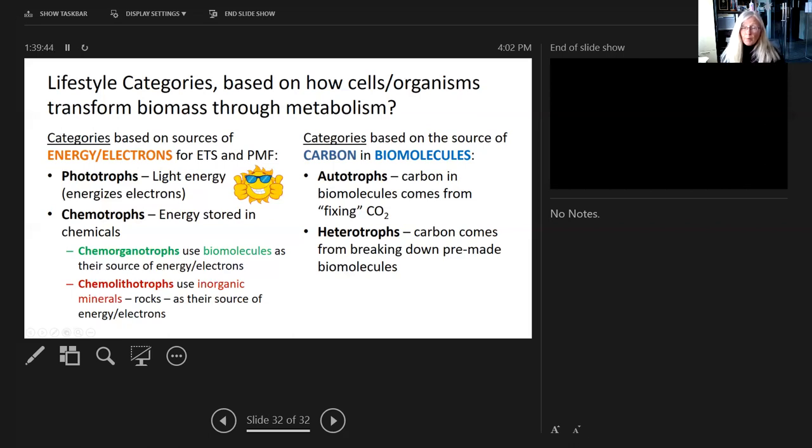So I hope, given that there were so many other options of lectures out there for you to look at, that this summed up what you needed to know for bacterial metabolism. Between the lecture and me, I'm hoping that you have a good idea of how bacteria transform matter and energy, all the different ways that they do it.